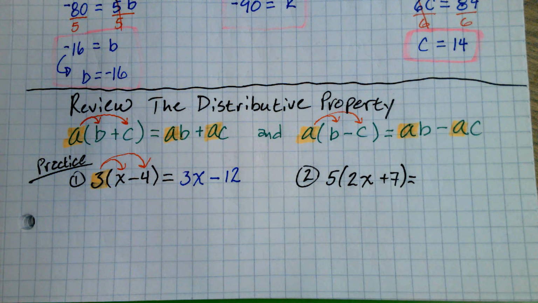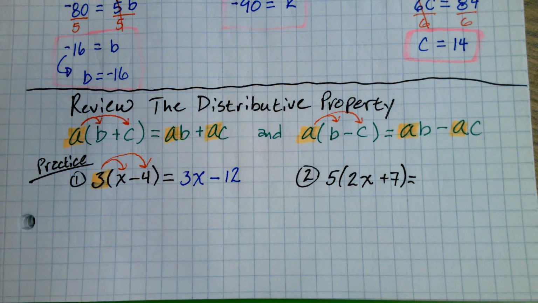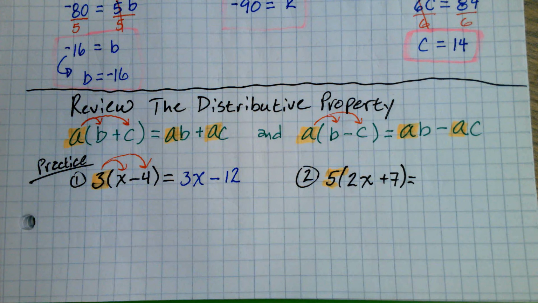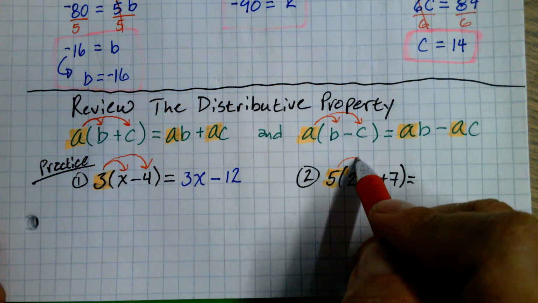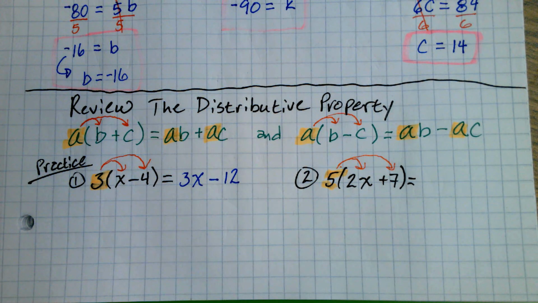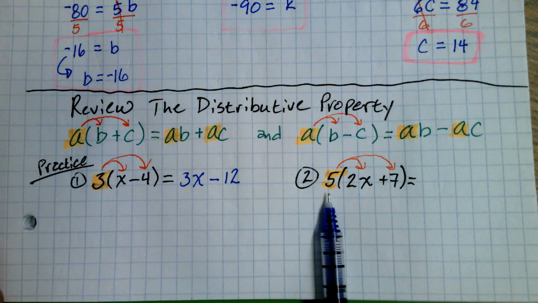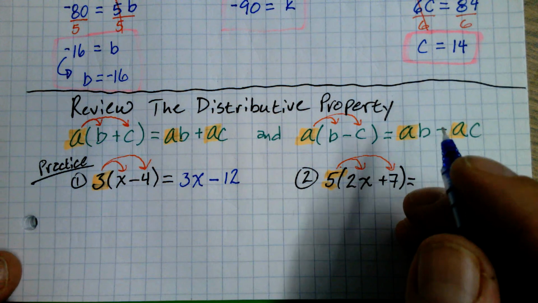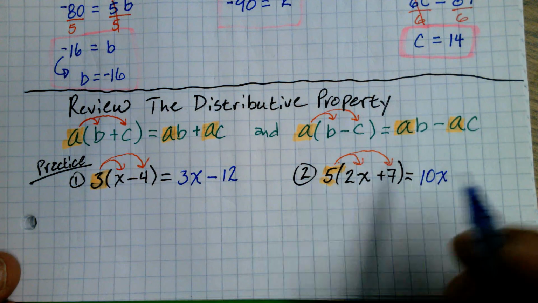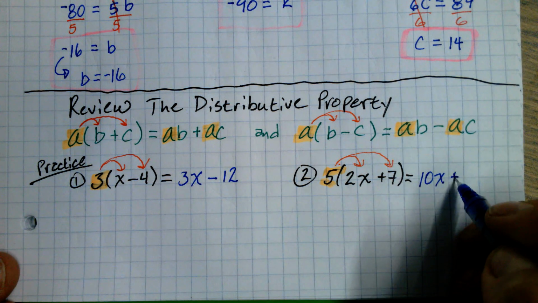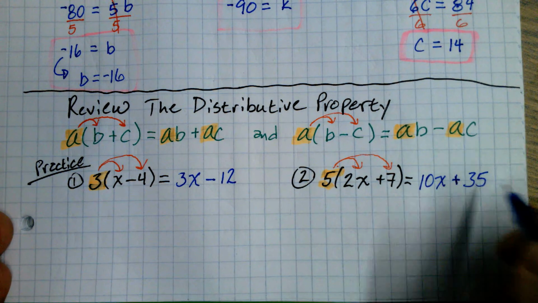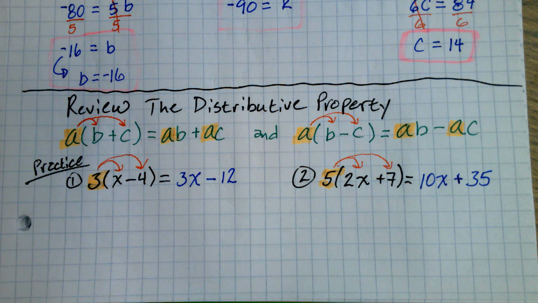This time we're distributing 5, so we're going to multiply through by 5, to 2x and 7. 5 times 2x is 10x. Then we have a plus sign, and we don't have to worry about switching signs because that's positive. So 5 times 7 is 35. We got 10x plus 35.